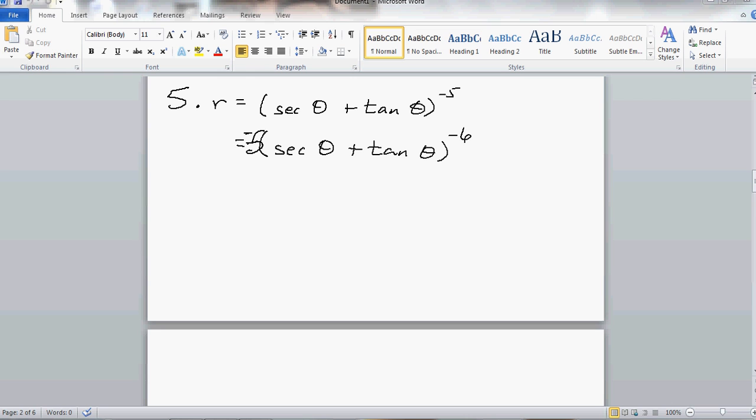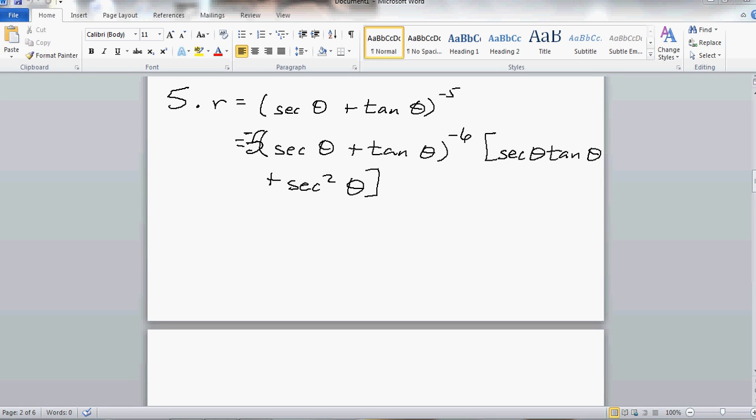But then we have to multiply that whole thing by the derivative of the inside part, which is secant theta plus tangent theta. The derivative of secant theta is secant theta tangent theta plus the derivative of tangent theta is secant squared theta.